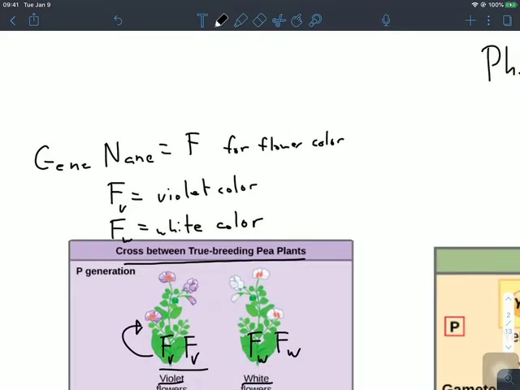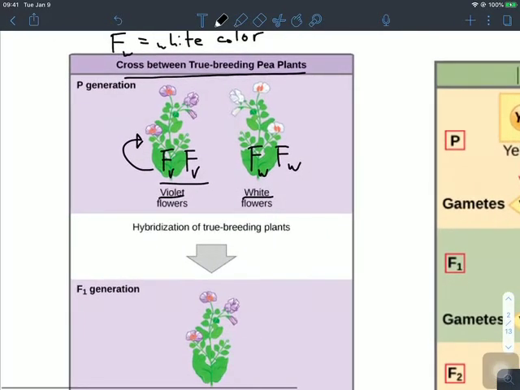And so let's take this parental generation and cross it. This, because you are crossing two true breeding plants, is known as a hybridization.